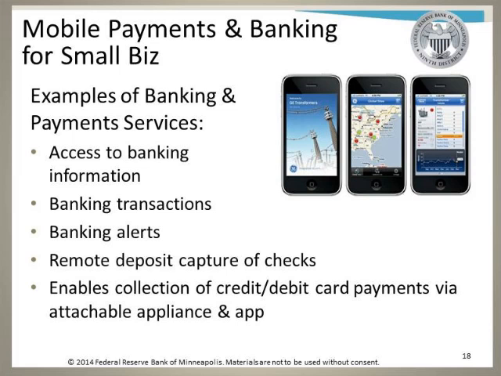There are also services that I'll talk about in a bit more detail, allowing you to capture and deposit a paper check that you receive electronically. And then, of course, many of you are familiar with this ability to attach an appliance and download an application that then allows you to process card transactions, and I'll give you some examples of that.